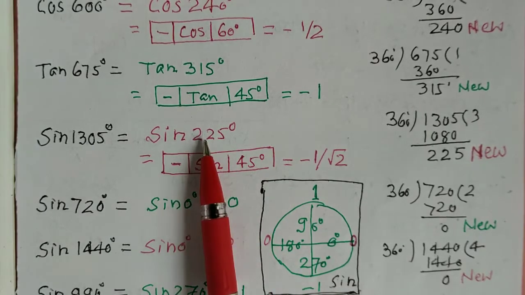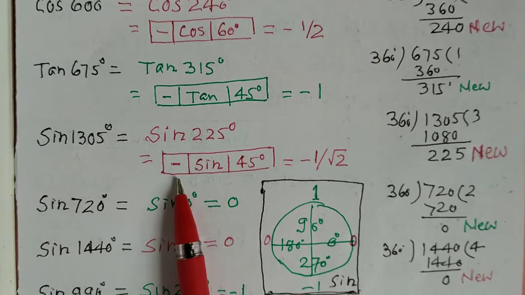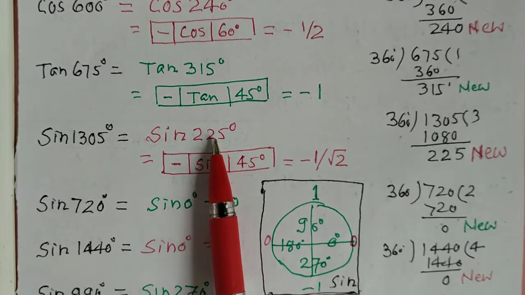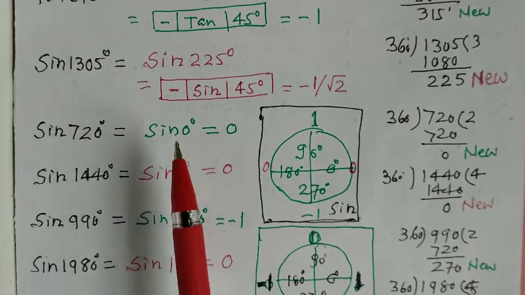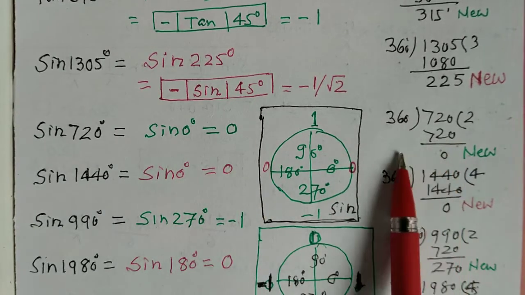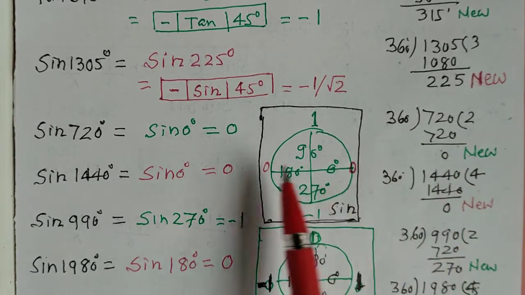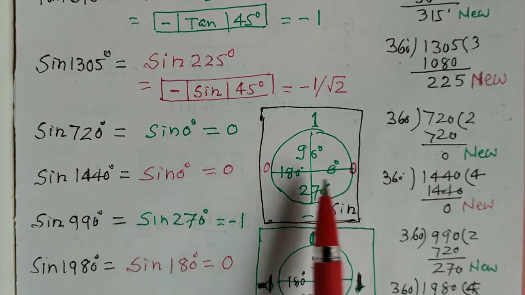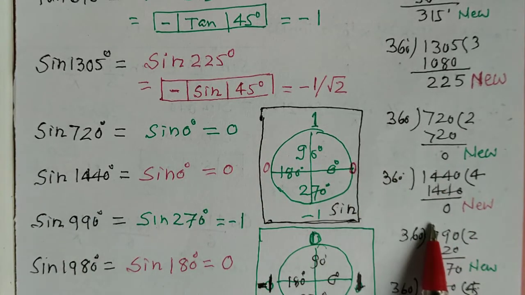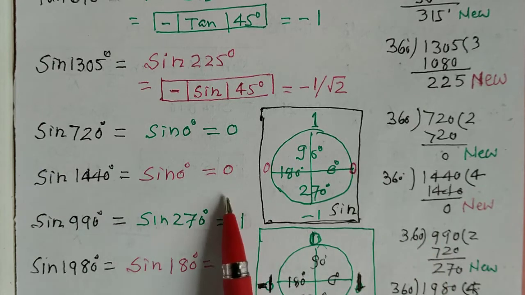This belongs to third quadrant, so negative, sin remains sin. 225 deviated from 180 becomes 45, so the answer is ready. Sin 720 divided by 360, remainder is 0, so sin 0 is 0. Again 1440 divided by 360, remainder is 0, so this is sin 0, 0.